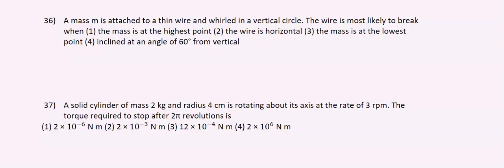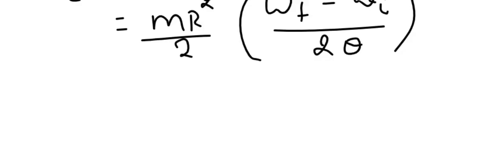It is given that it is the torque required to stop the solid cylinder of mass 2 kg and radius 4 centimeters. So m is 2, r is 4, and the final angular velocity is 0. Now let us substitute the values.